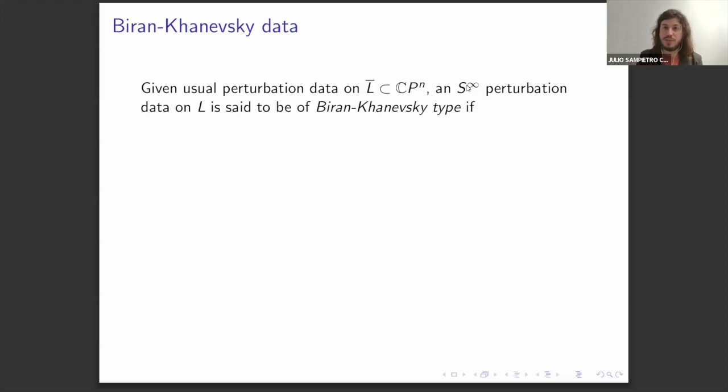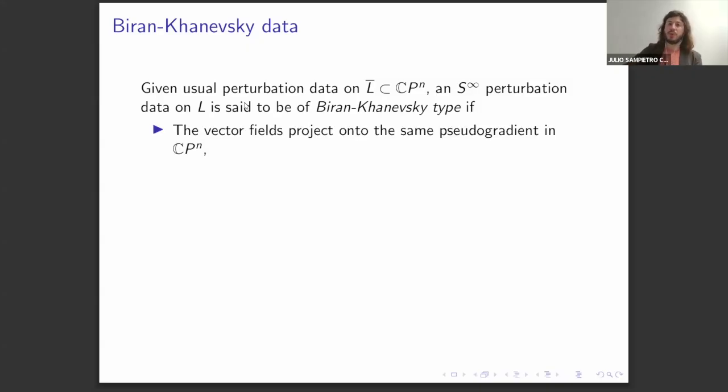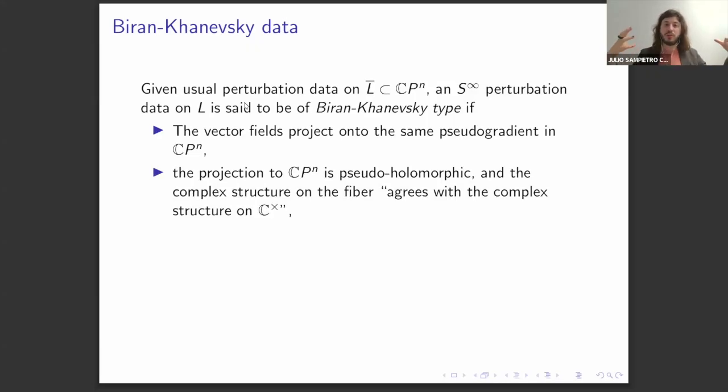And an S infinity family of data is going to be of Biran-Khanevsky type if the following are satisfied. The pseudogradients project onto the same pseudogradient, so the pseudogradient on the base is fixed. The projection to CP^n is pseudo-holomorphic, and the complex structure on the fiber agrees with the complex structure on C cross, in a bit vague terms.